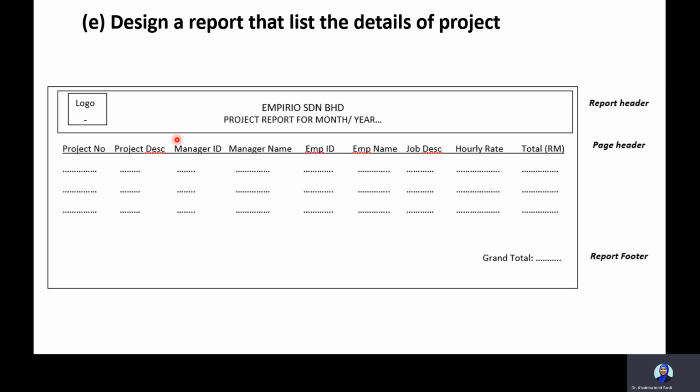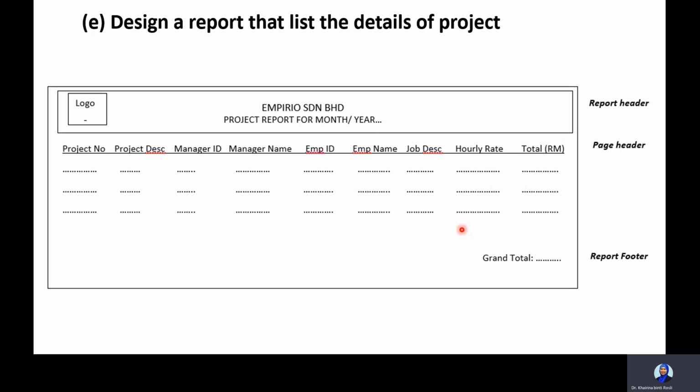Let's say you want monthly or yearly, so you can put January, this is the list, and then down there February, what are the lists of the project, March, what are the lists. So you can design on your own. And then lastly, we have the grand total, which is the report footer.